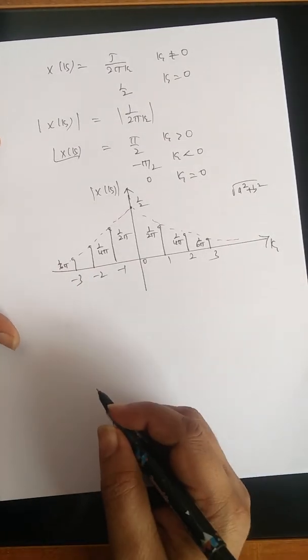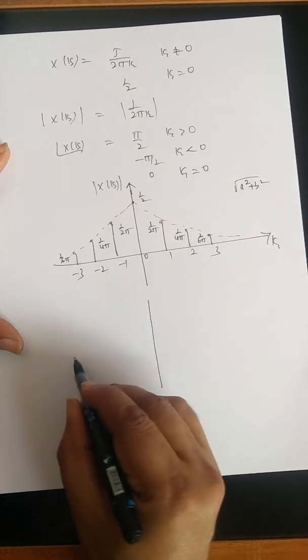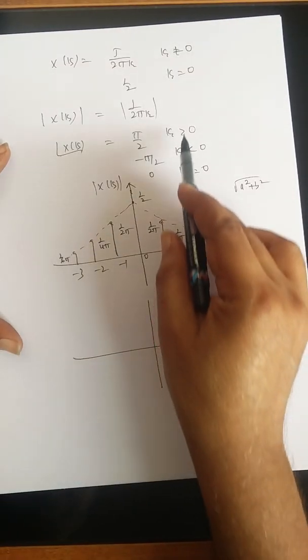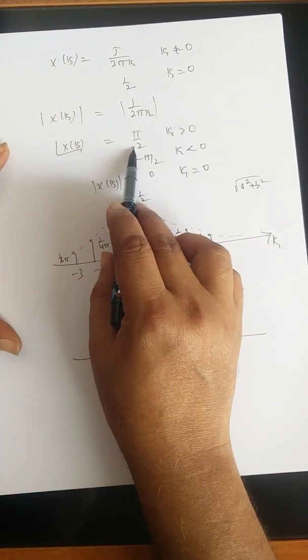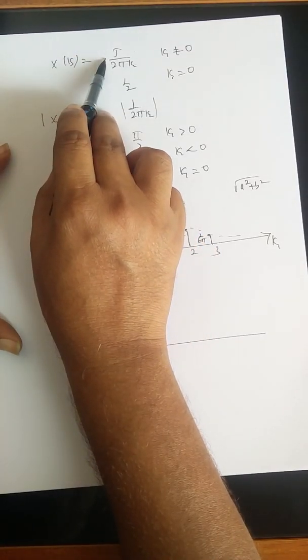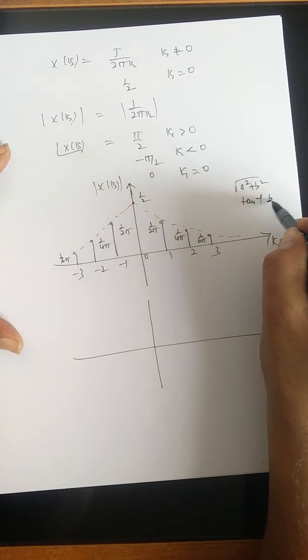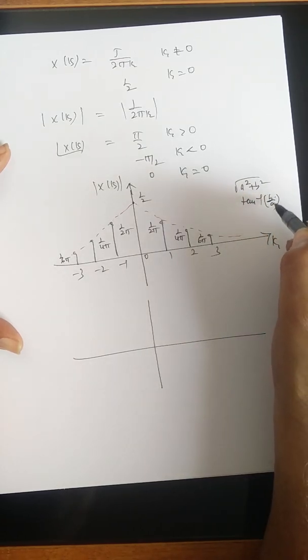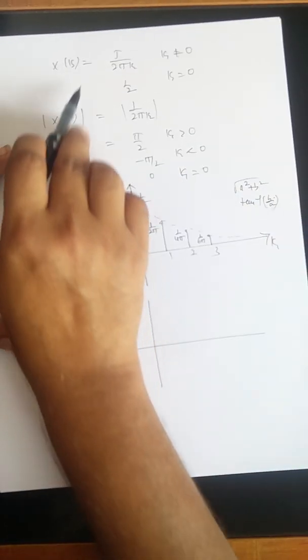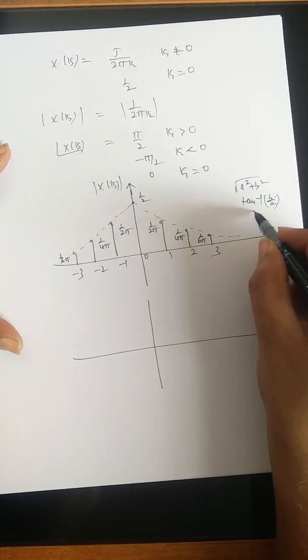Then what is the phase spectrum? The phase spectrum here is very clear. When k is greater than 0, it is pi by 2. How do you get this one? There is no real part, that is tan inverse of b by a. B is the imaginary part and a is the real part. Here real part is 0, that's why it will become tan inverse of infinity.